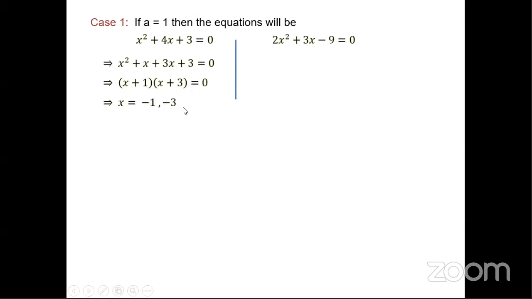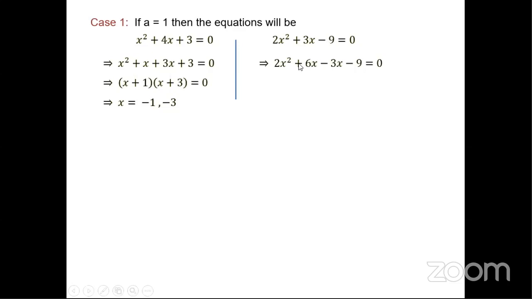That means you are getting 2 factors. Now x plus 1 will give you x is equal to minus 1 and x plus 3 gives you minus 3. And likewise, we will go for simplification of the second equation. Instead of this 3x in between, we are trying to write it as plus 6x minus 3x.